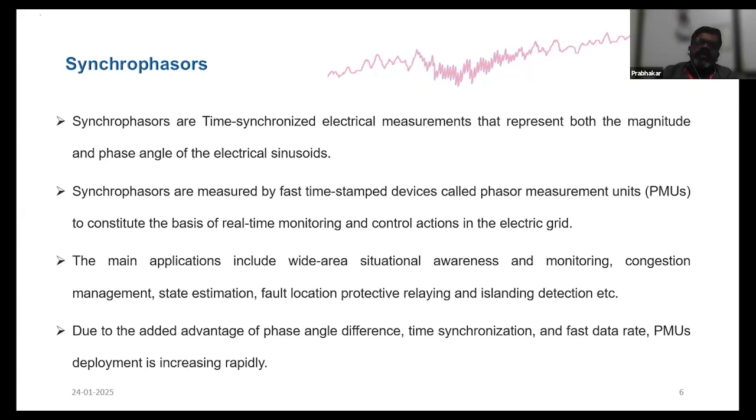So they started with the very high voltage level. Slowly we are moving to all the voltage levels, and we are also thinking of working on the low voltage side, that is the distribution side, where micro PMU concepts come in. Maybe I'll discuss these things later.